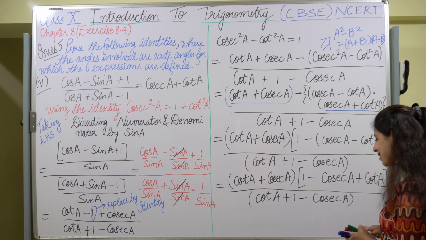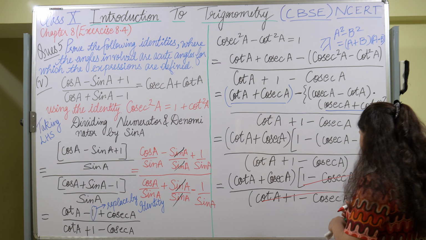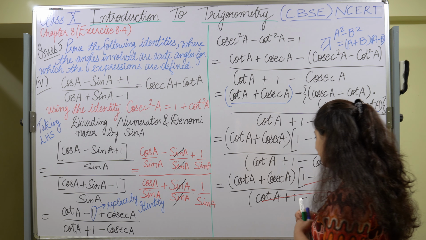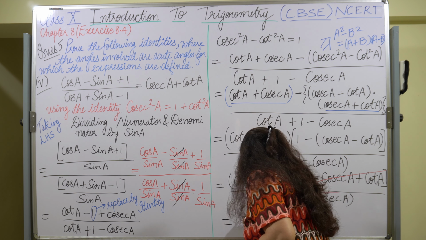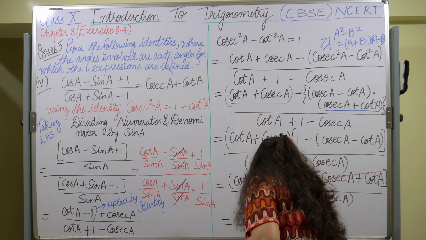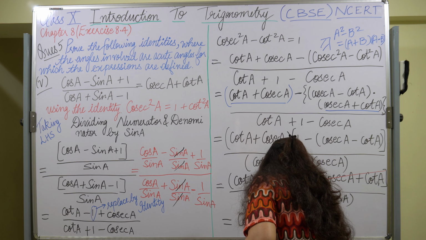So the whole term gets cancelled, it goes 1 time. So we are left ultimately with cot A plus cosec A, and this only we needed to prove. So this is equal to our RHS. Hence proved.